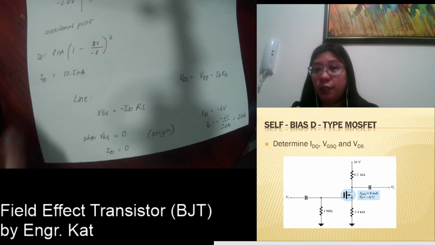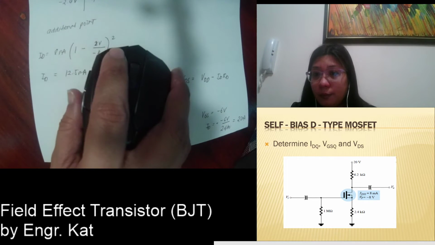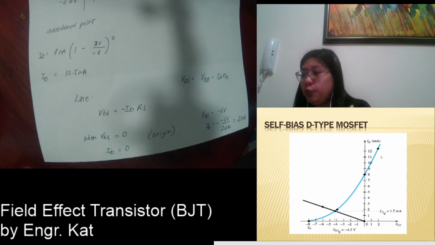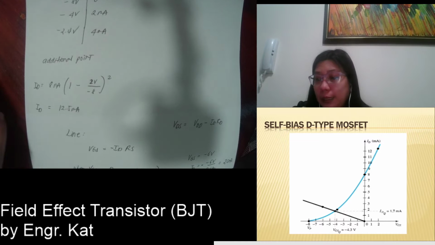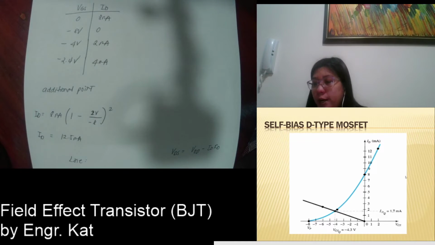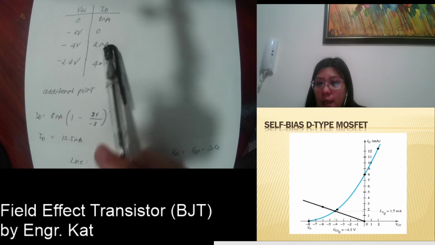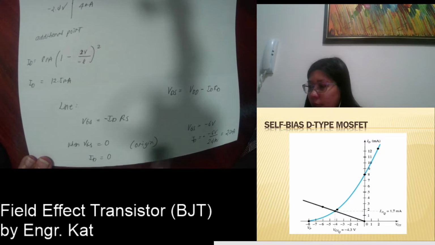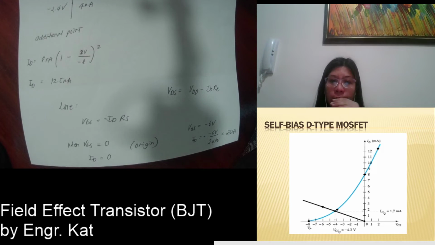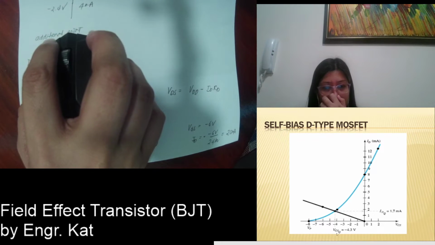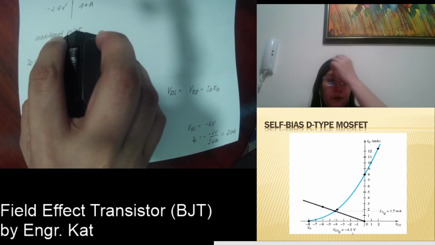Okay, so let us see your solution. So these are your solution. The blue curve is based on your Shockley plot, and then the straight line is based on your network. So in the intersection, IDQ is 1.7 milliamps, and your VGSQ is equal to negative 4.3.